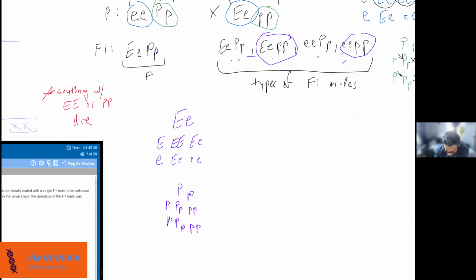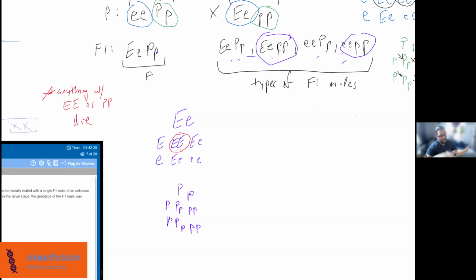And how many do we get that have that? Well, we have this guy, big E, right? And the P's could be anything. So right away, this shows us that this will die.